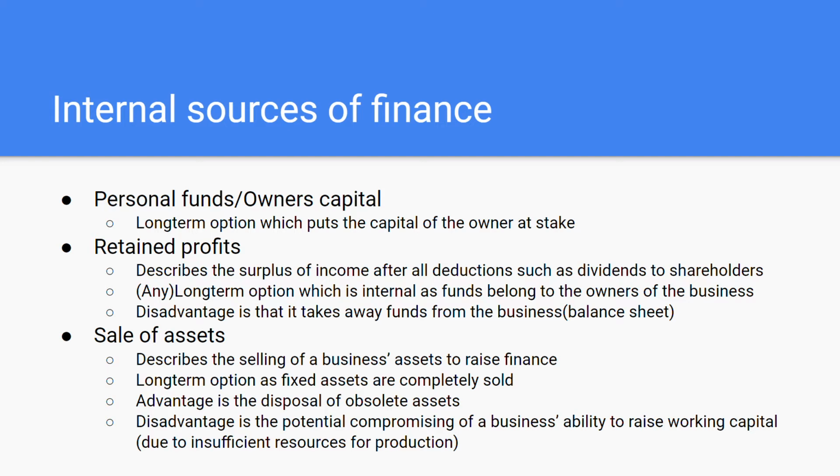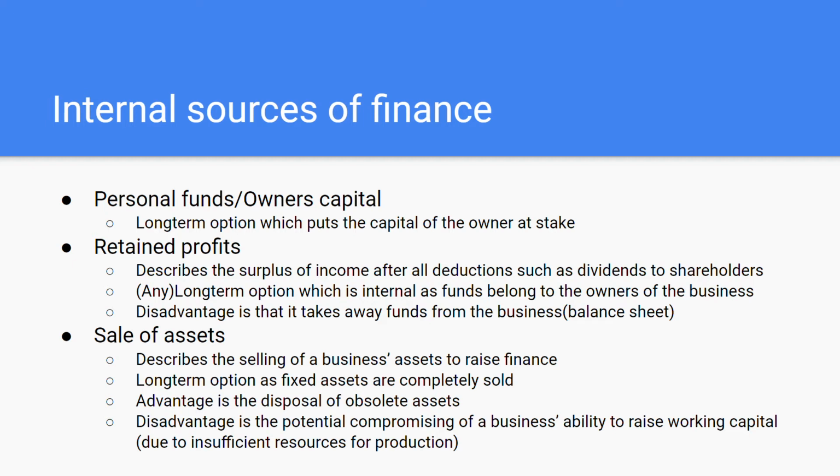And this can be used for any option, any period of time, but usually it's long term also because the business already has the money. And the disadvantage of this is that it takes away funds from the business itself. Because it doesn't come from external sources, the balance sheet will be directly affected.